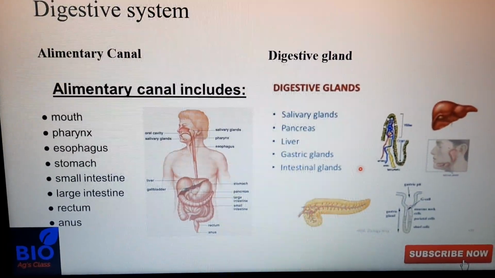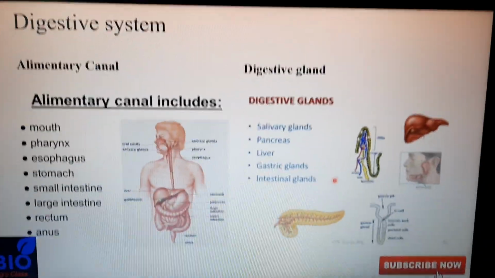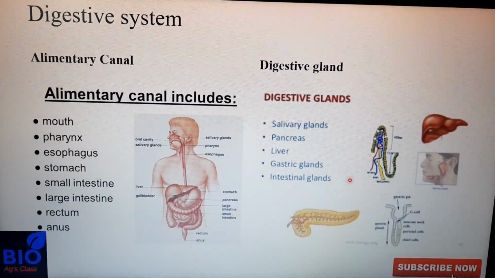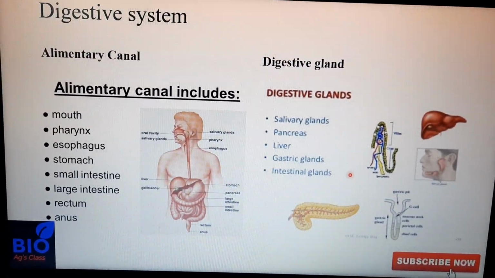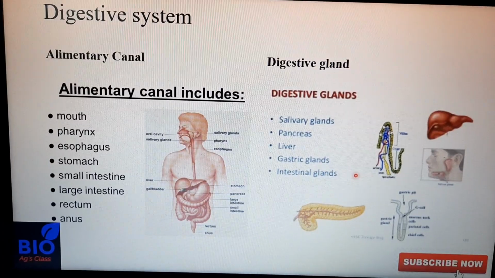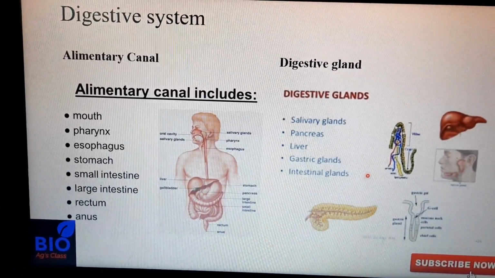Now we will discuss our digestive system. The digestive system consists of two parts, that is the alimentary canal and the digestive glands. Some parts are described here.